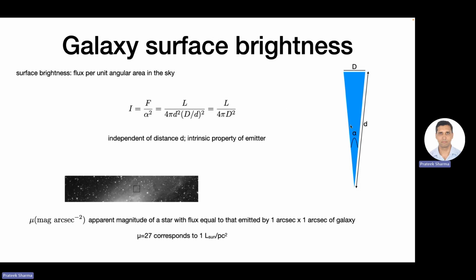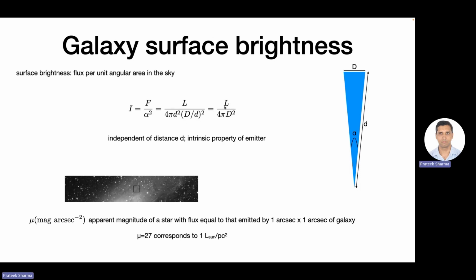And then this angle alpha is just capital D by small d. And then you just square it. That's the angular area. So this is the definition of surface brightness. And you can see that this d, which comes from the flux expression, and this d, which comes from the angle expression, just cancel out, right?